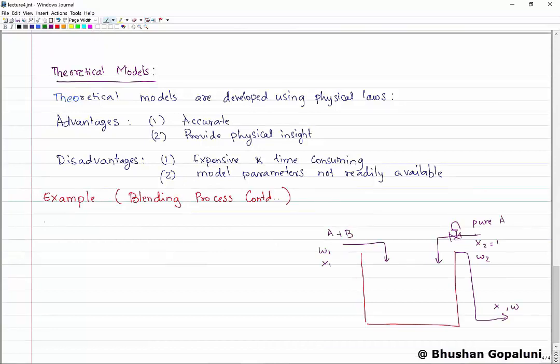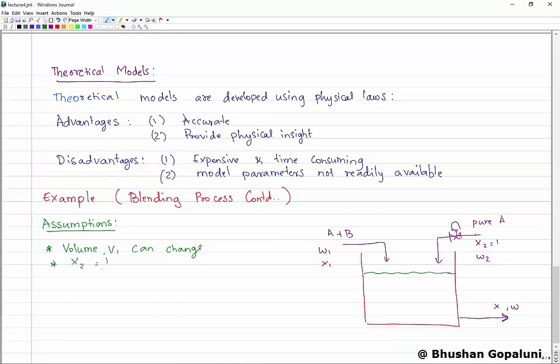Now, before you develop a model, it's always very important to identify and state very clearly all the assumptions, because the type of model and the model equations will certainly change depending on the assumptions you make. And often you can complicate a problem as much as you want by not making the right assumptions.